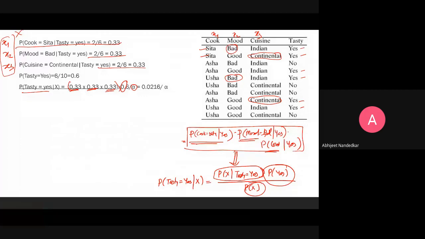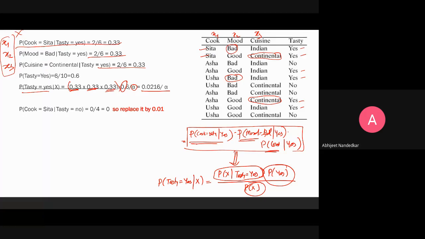Okay. So if I calculate this, then it will be 0.0216 by alpha. Now we have to calculate the other side, because I have to answer whether the food is tasty or not with given input, that is capital X. So we have to now solve for taste is equal to no.